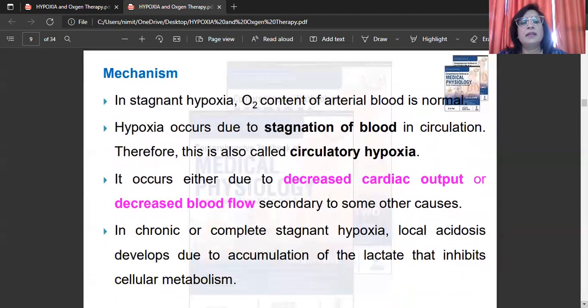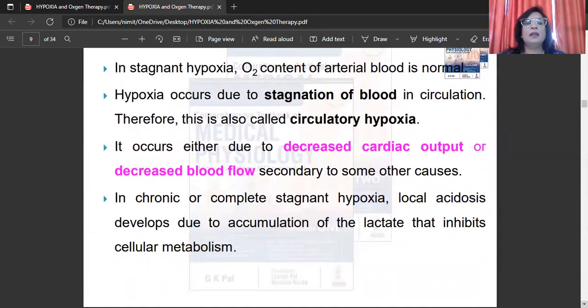Now, what will be the mechanism? In stagnant hypoxia, the oxygen content of the arterial blood is normal. Hypoxia is occurring due to stagnation of blood in circulation. Therefore, this is also called circulatory hypoxia.